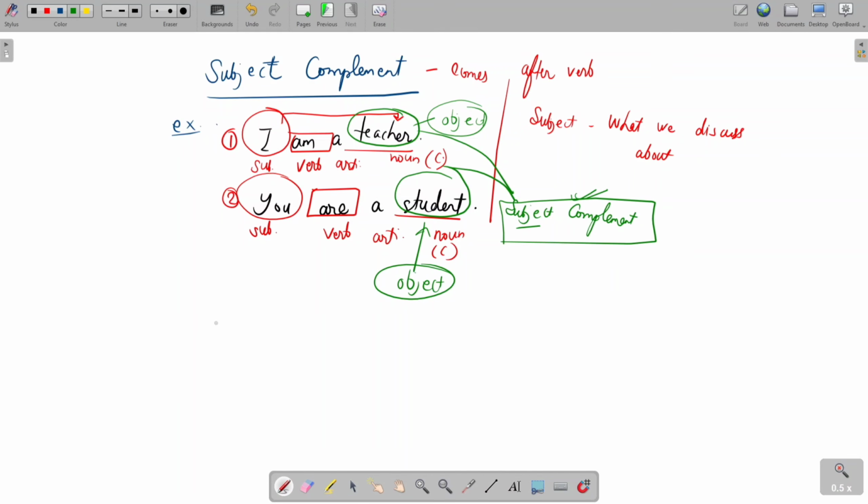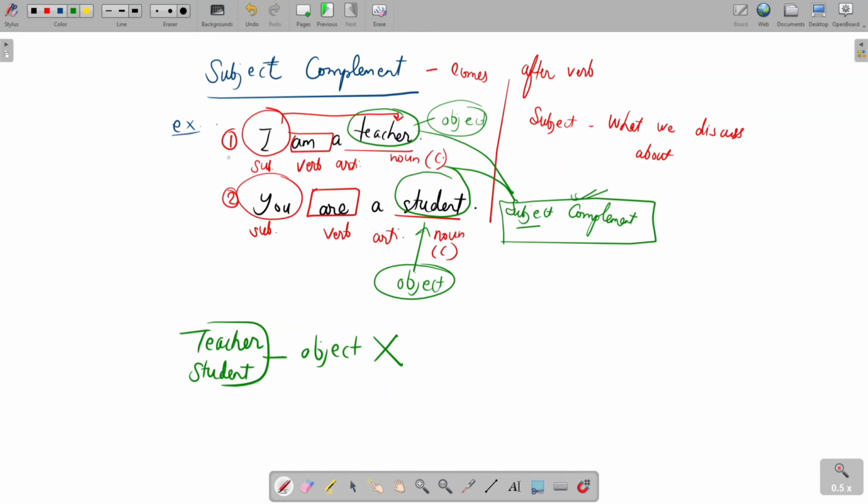The word teacher in the first sentence and the word student in the second sentence cannot be called objects here, because an object is a word which appears only in the sentences which have actions. Objects appear only in sentences which have actions, and here we are not seeing any action happening.